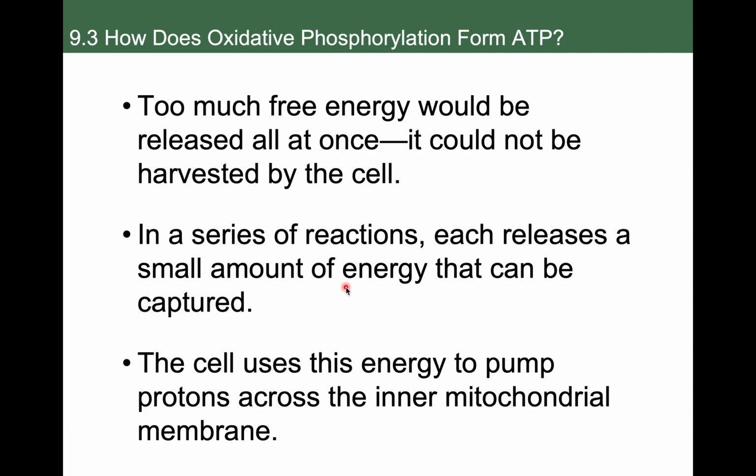So in the case of the electron transport chain, what are we doing with the energy that's being released from each passage of the electrons down the chain? What the cell is doing is using that energy to pump protons, so positively charged hydrogen ions, across that inner membrane of the mitochondria.